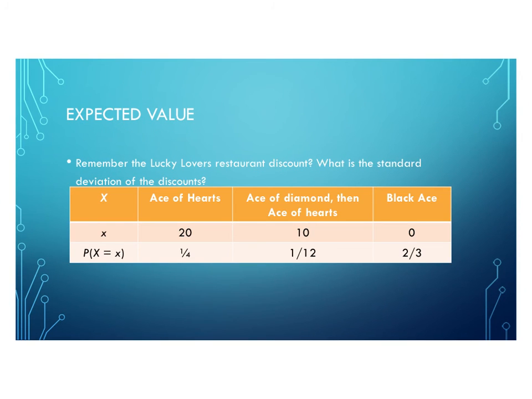Let's look at another one. Remember we had a restaurant and it was Valentine's Day, and if people drew the Ace of Hearts, they would get a specific discount. Remember the expected value we found for that specific discount was $5.83.